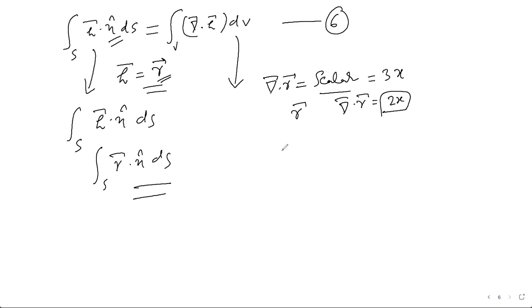But here, del dot R turns out to be 3, so the right-hand side is very easy, because what is left is just the volume V. I don't know what the surfaces are right now, and the surface will carry a volume accordingly. But since I know my del dot R, the complexity has been reduced because the operator has been taken care of.